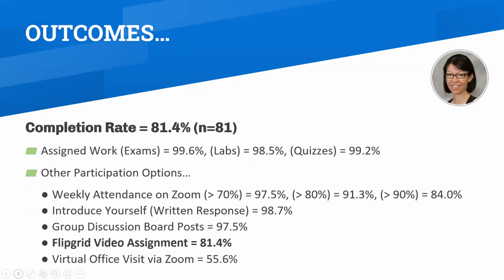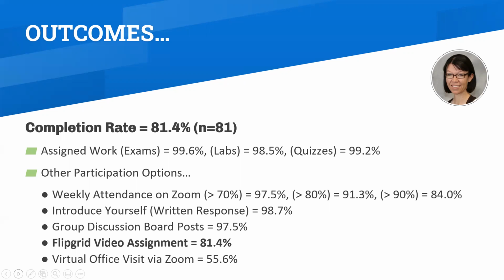So for me, the Flipgrid video assignment was on a list of some other participation options. And in this particular course, these were sophomore and junior level students, and the course was required for their major. And so they were actually really good about getting work done.